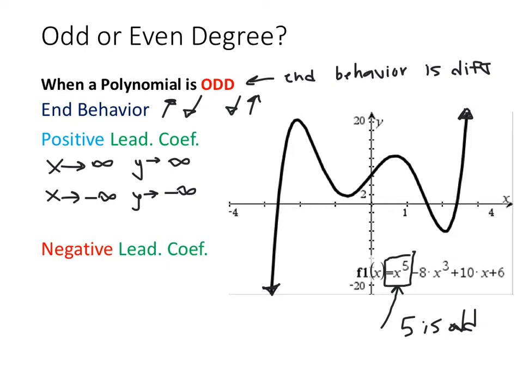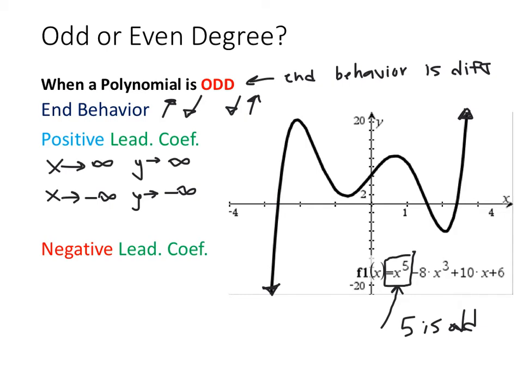The reason that I know that is, first of all, that these are opposite from each other, but imagine that this equation down here has a positive coefficient. If I plug in a really large positive number, my numbers would be positive because this particular exponent would win versus the rest of those. As I move in this direction, this graph is going up, and as I move backwards, my graph is going down.